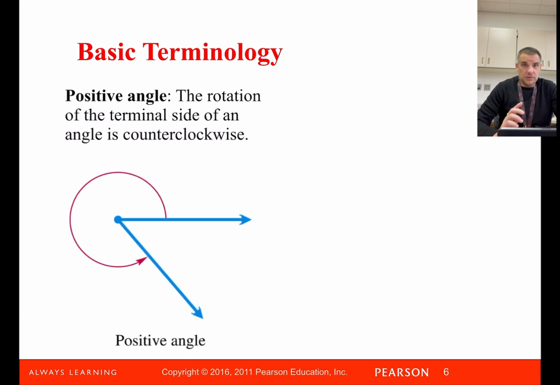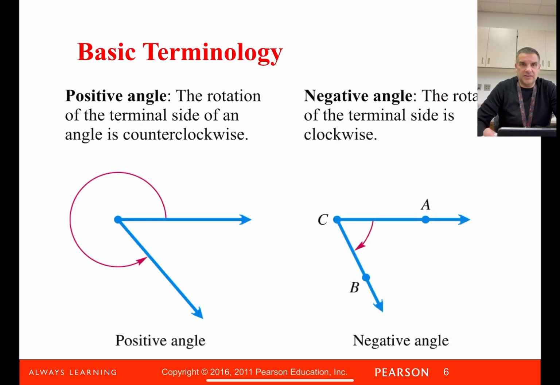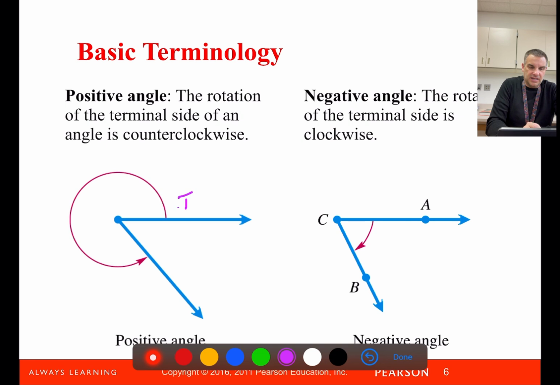Angles can go in two directions. You can either have positive. If you go counterclockwise from an initial position, that's a positive angle, or you can have a negative angle. A negative angle goes clockwise from the initial position. And again, we've got an initial side here and a terminal side here. We've got an initial side here, and we've got a terminal side here. And actually, we would find an angle measure here.